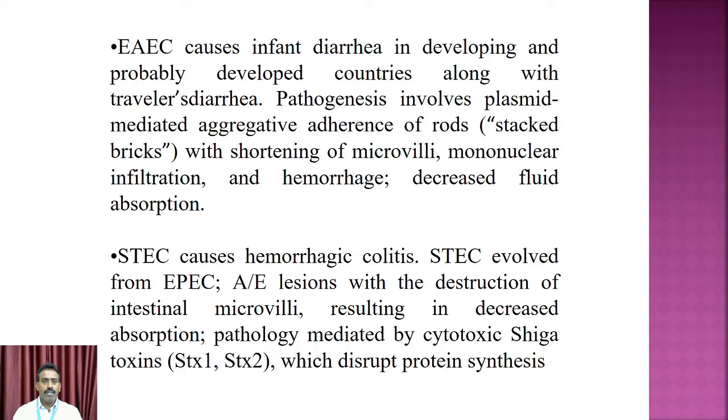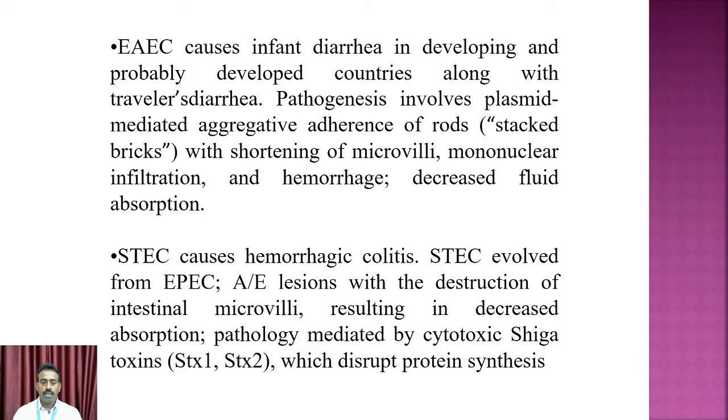So enteroaggregative E. coli causes infant diarrhea in developing and probably developed countries, along with traveler's diarrhea. The pathogenesis involves plasmid mediated aggregative adherence of rods, stacked like bricks, with shortening of microvilli, mononuclear infiltration and hemorrhage, and decreased fluid absorption.